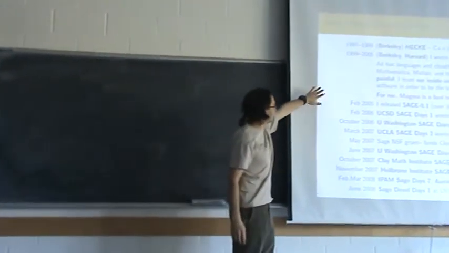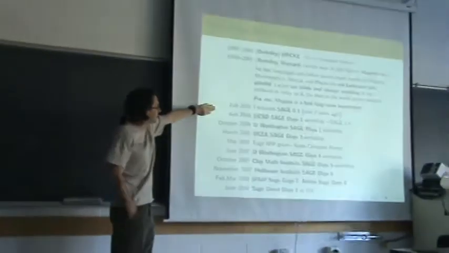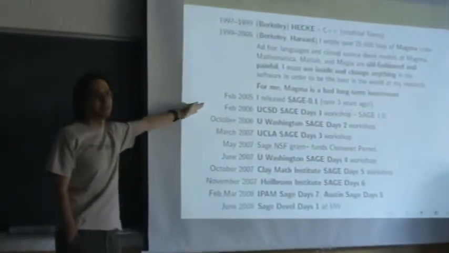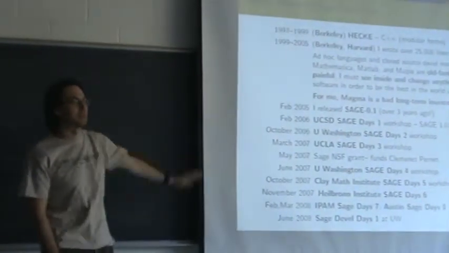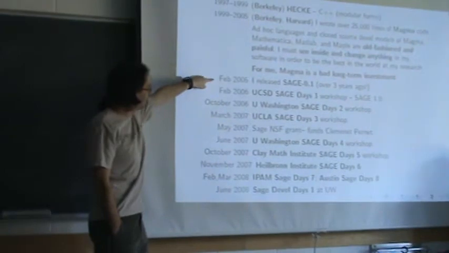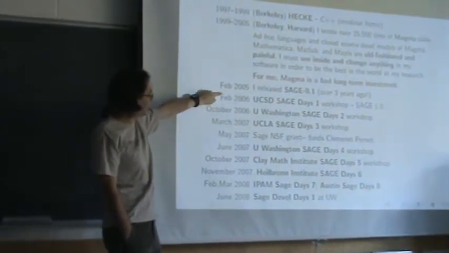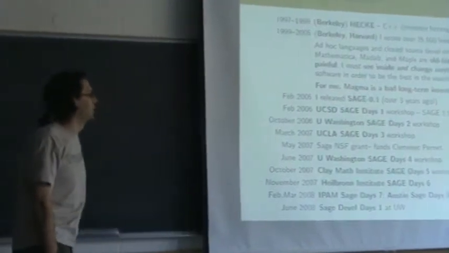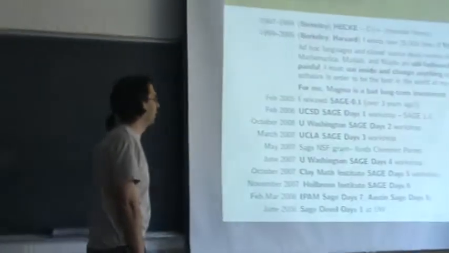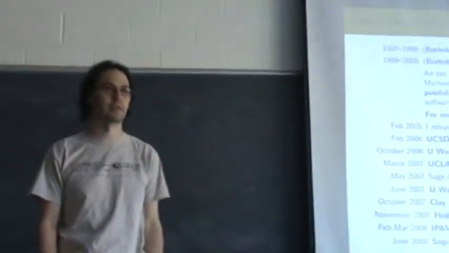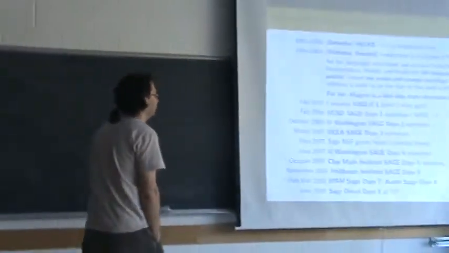So that's the history. In February, I released SAGE. I was so seriously committed to this that if I had to write the entire thing myself, that's the way it would be. But 1 year later, I ran a workshop at UCSD on SAGE, NSF funded, and actually a lot of people started helping out after that because they really liked SAGE, even though it was still pretty preliminary.